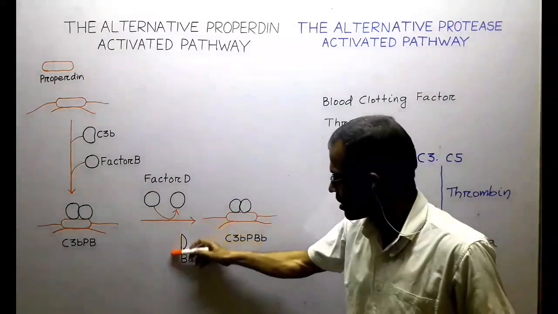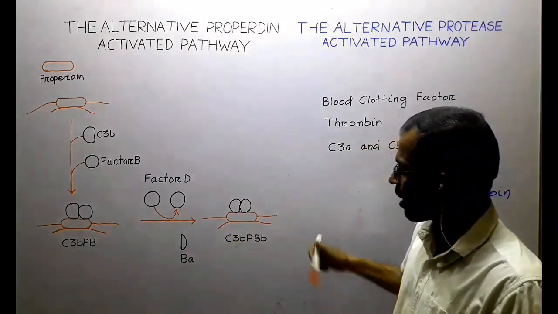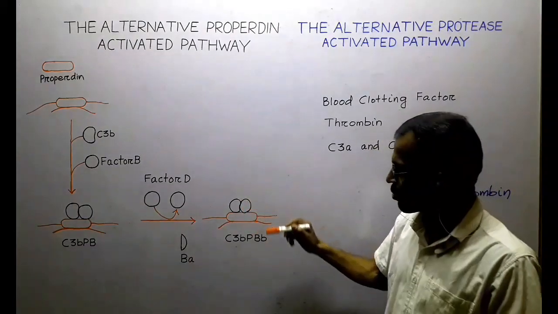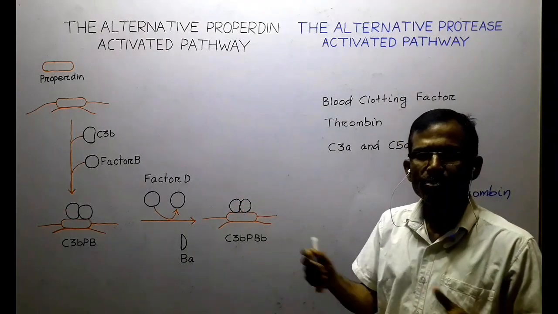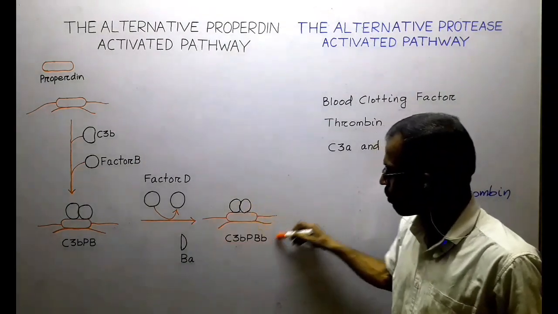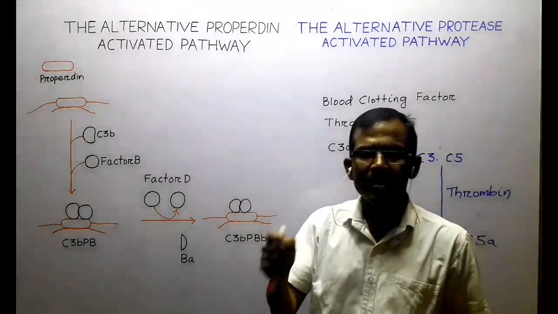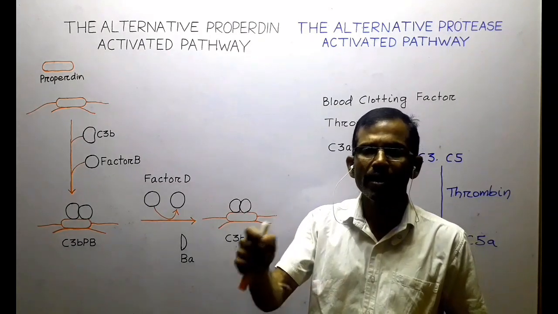Smaller fragment is Ba that diffuses away, and the larger fragment is Bb that remains associated with the remaining two components to form a new complex that functions effectively as the C3 convertase, thus leading to the amplification.